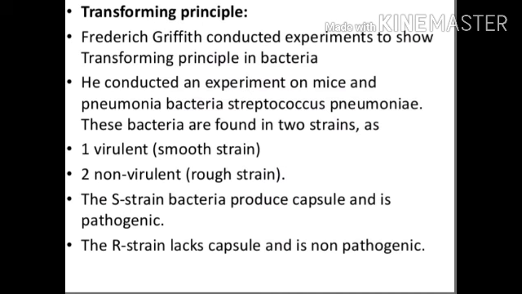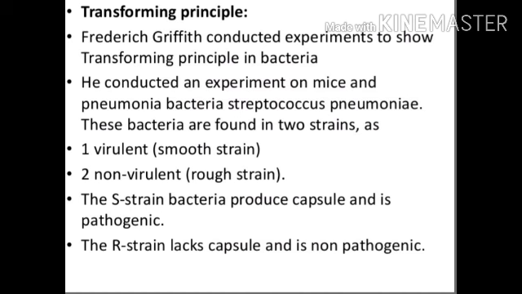One is virulent, that is the smooth strain, and the second is non-virulent, which is the rough strain. The S strain bacteria produce a capsule, which is pathogenic, and the R strain lacks a capsule, that's why it is non-pathogenic. That means the capsule is responsible for its pathogenic nature. Okay.